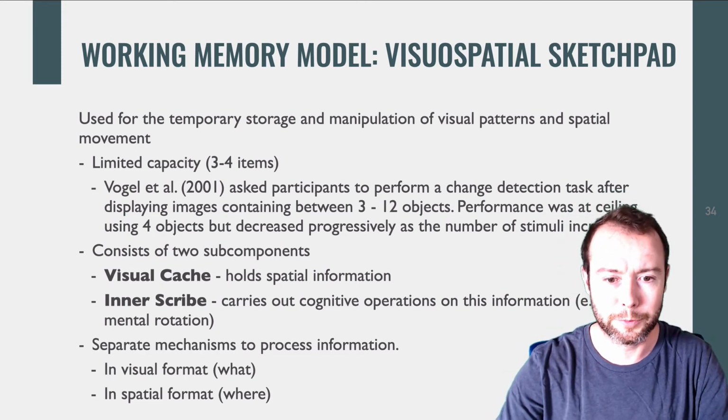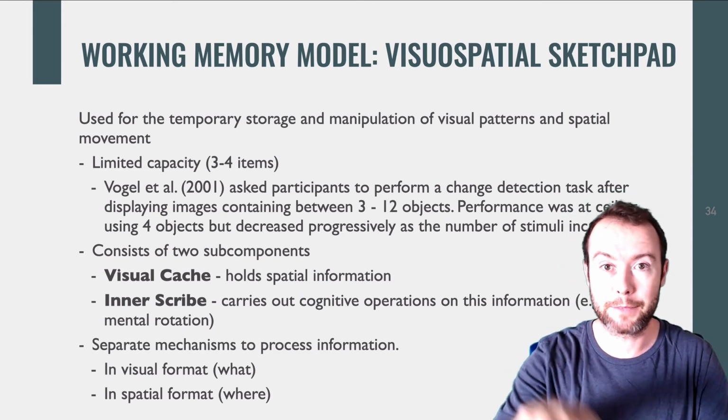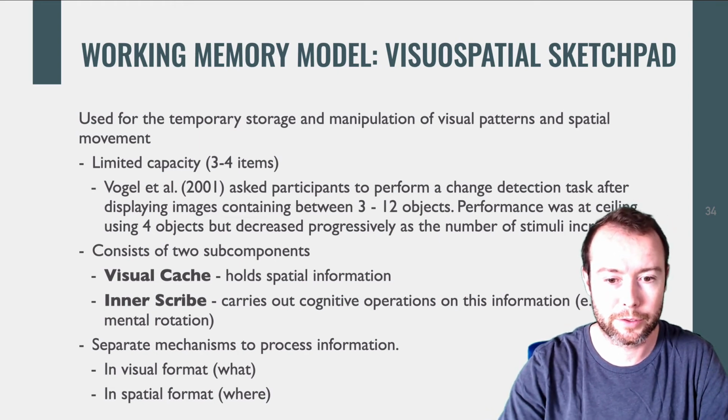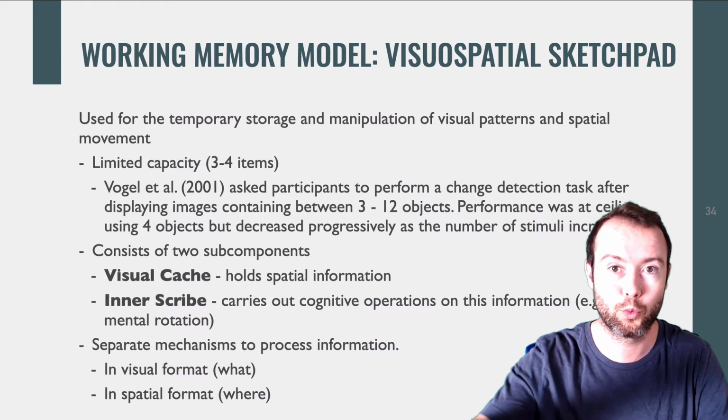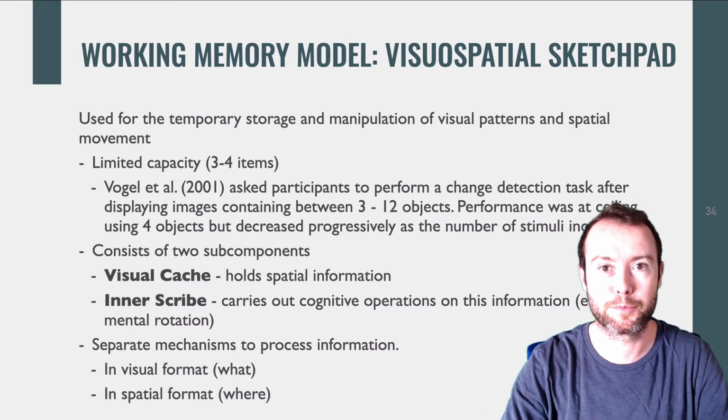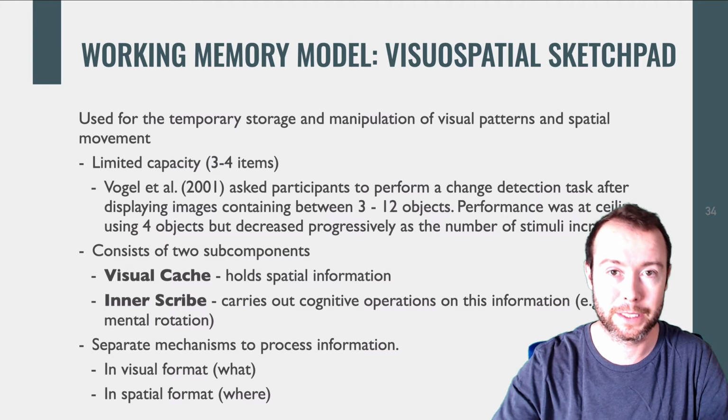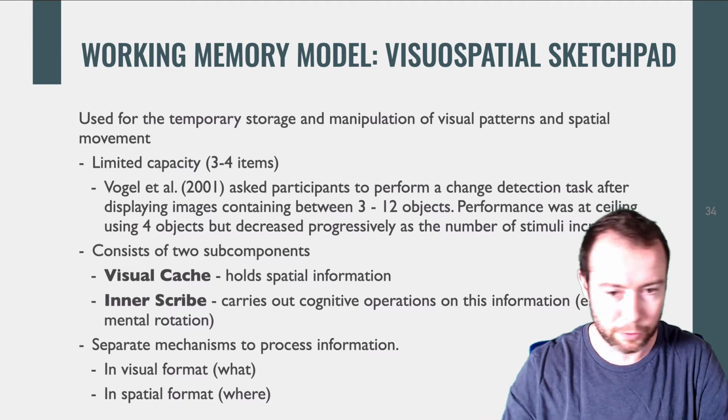So we're making this argument basically that we've got these 2 separate mechanisms or separate systems that are going to be involved in processing things in the visual format, versus processing things in a spatial format, so processing elements of motion detail.